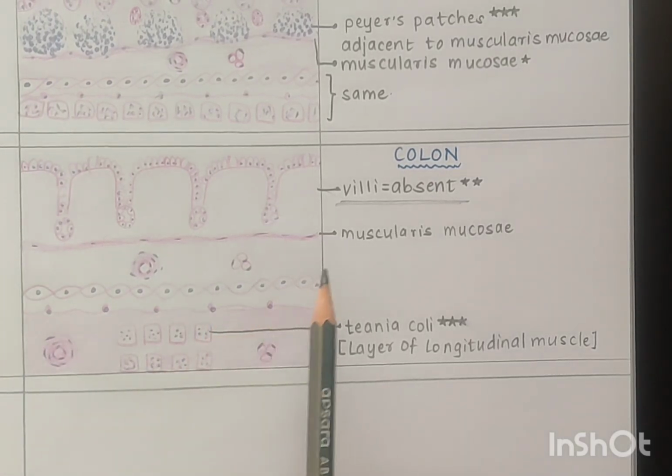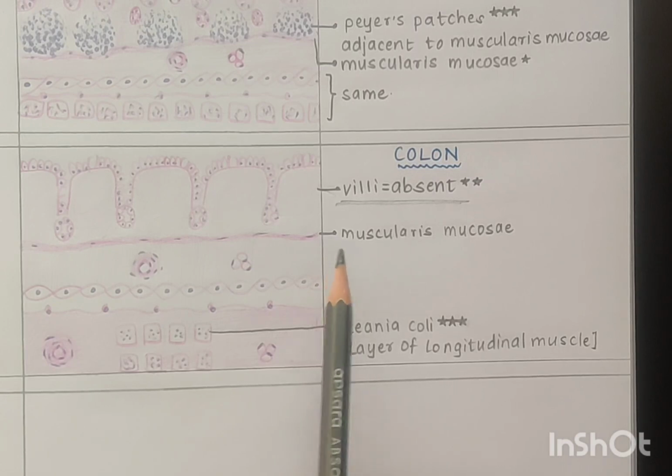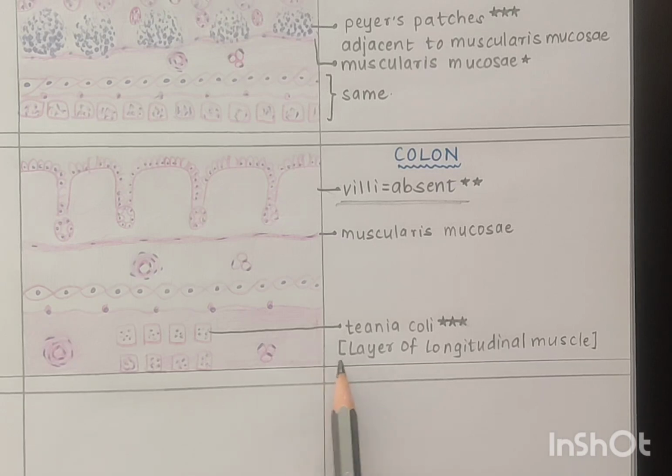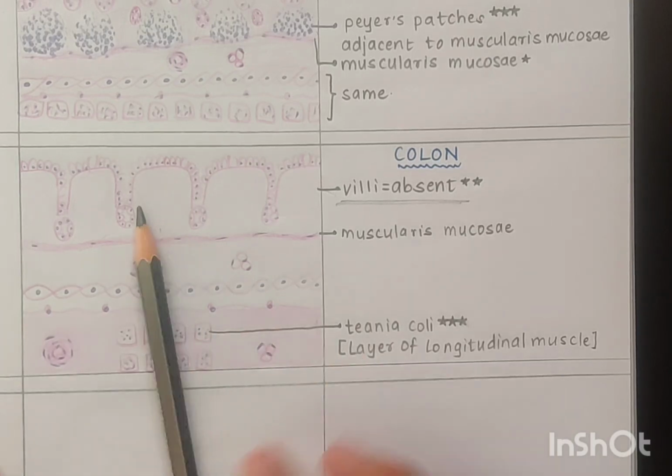If they ask you in viva why haustrations and sacculations are seen in the colon, the reason is that the tinea coli, or the layer of longitudinal muscle, is smaller than the mucosa. So it's smaller than the other layers, and you need to adjust the other layers to this length.